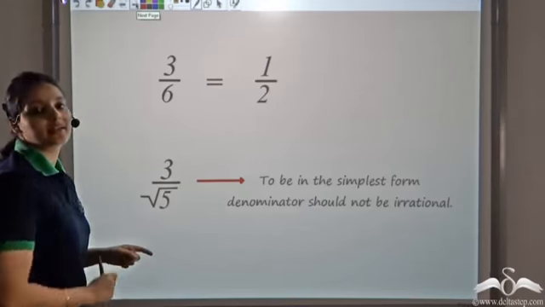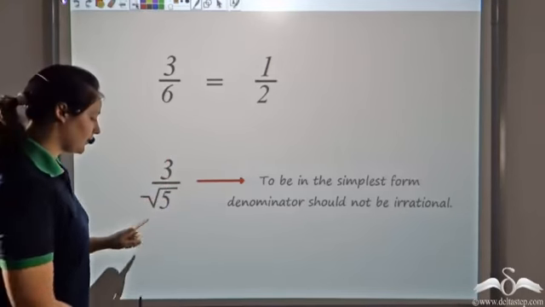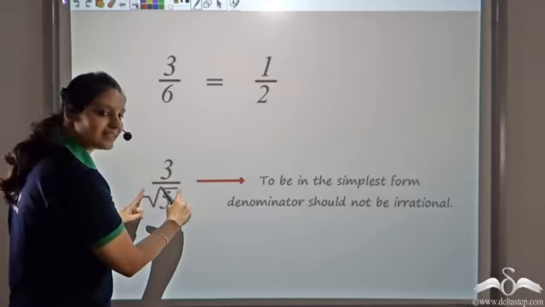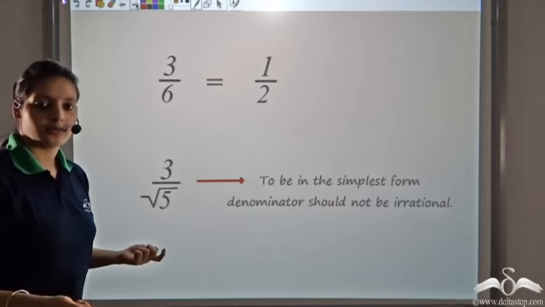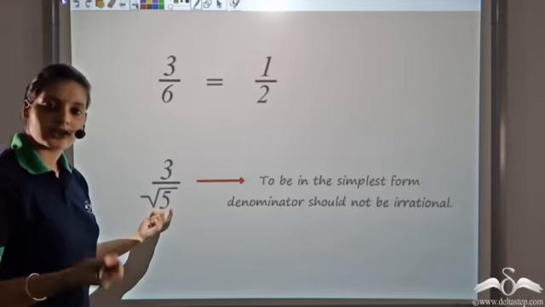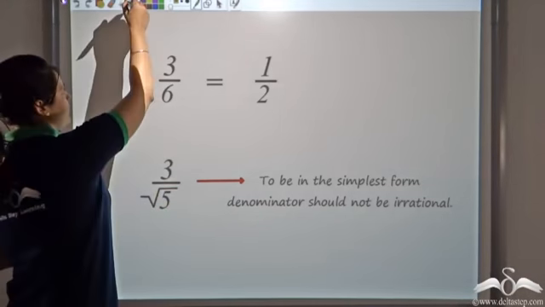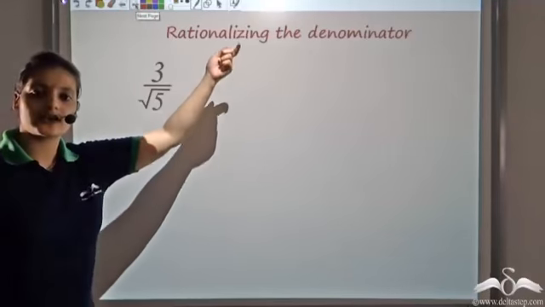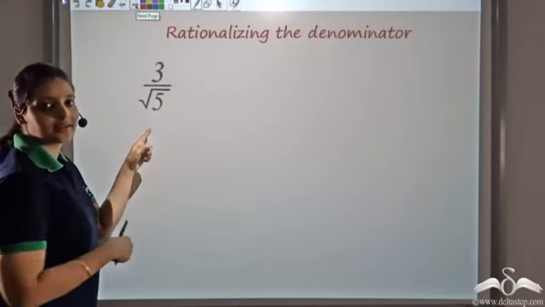That should not be an irrational number. Now, the process of fixing it, that is the process of making this denominator, which is an irrational number, a rational number. So I am making the denominator a rational number. This process is called rationalizing the denominator. Rationalizing the denominator, that is, I make the denominator a rational number.